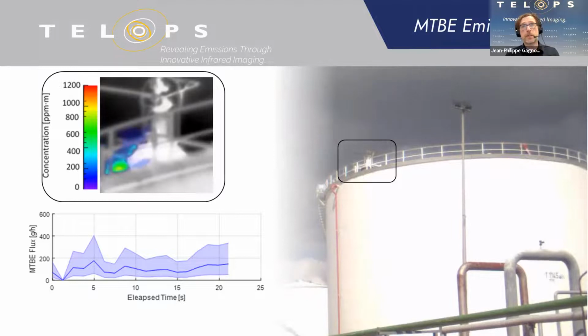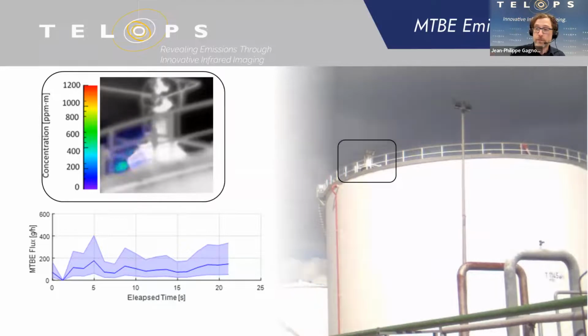But what's interesting here is that at this location, there are 3 MTBE tanks with a combined estimated annual emission of 9,900 kilograms per year. If you do the math, that translates to a flux of approximately 370 grams per hour per tank.